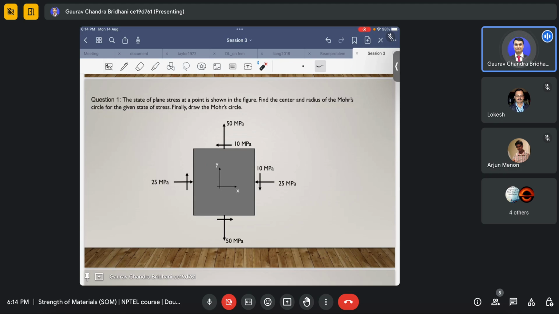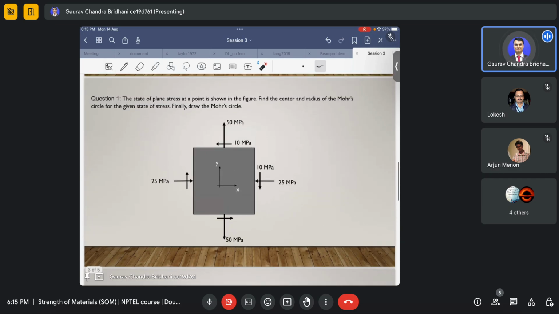It comes from the stress transformation law. Basically, when we transform the stress from one coordinate basis to another, say x, y to x prime, y prime, from that we get the Mohr circle equation, and that has been properly solved and explained in the lecture itself. So you can go back to the lecture and see it.